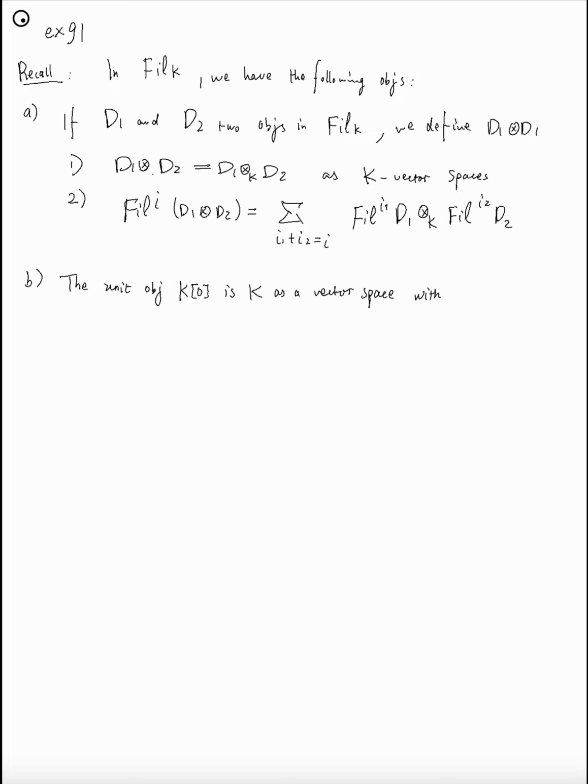And the filtration: when I is less than or equal to 0, it's totally K. When I increases, it shrinks, right?